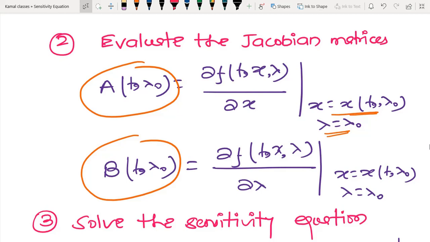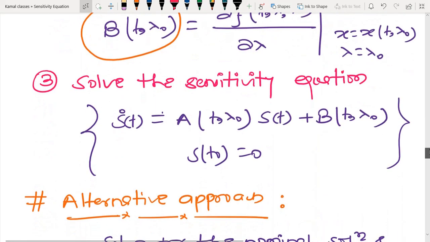So basically I am linearizing about the nominal trajectory. Finally I substitute these values from above and solve this equation. So I have the nominal solution and the sensitivity function, and after that I can tell which parameter is more responsible for disturbing the performance of this system.